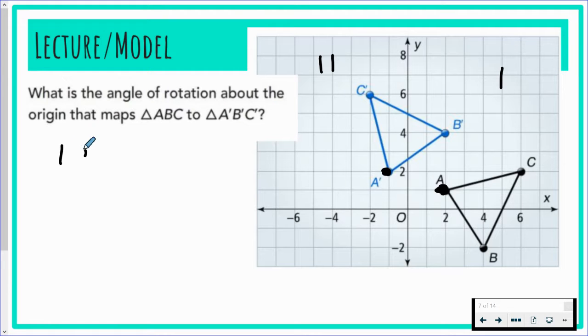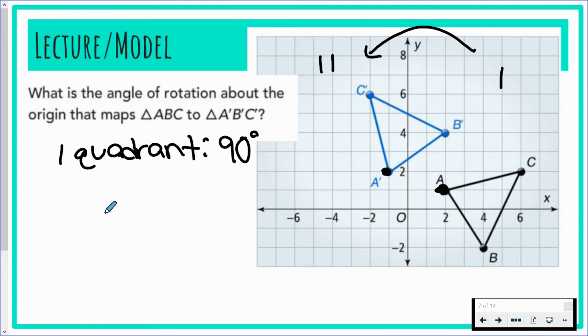So we moved one quadrant, which is 90 degrees. And we moved counterclockwise because we moved the opposite of the clock. So this was a rotation that was 90 degrees counterclockwise.